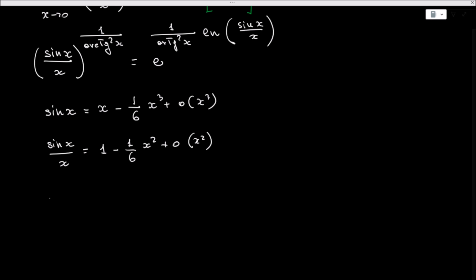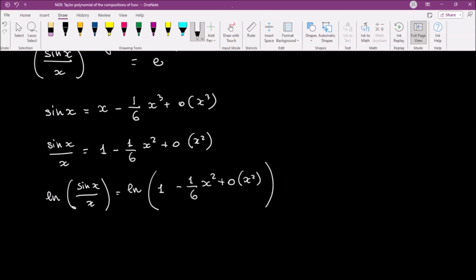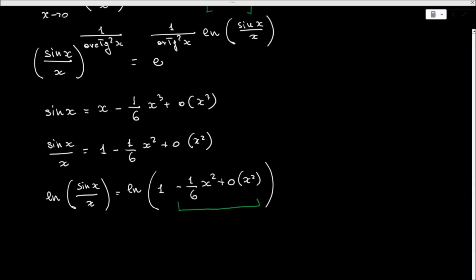Okay, and now we need to take the logarithm of sine of x divided by x, right? So this becomes the logarithm of 1 minus 1 over 6 x squared plus little o of x squared. And well, what is this? This is h, right? Because for x that goes to 0, this will go to 0.